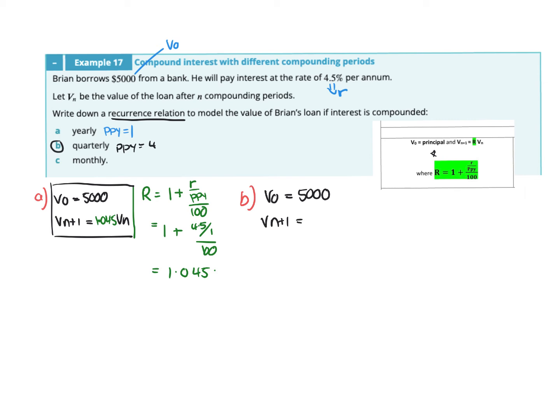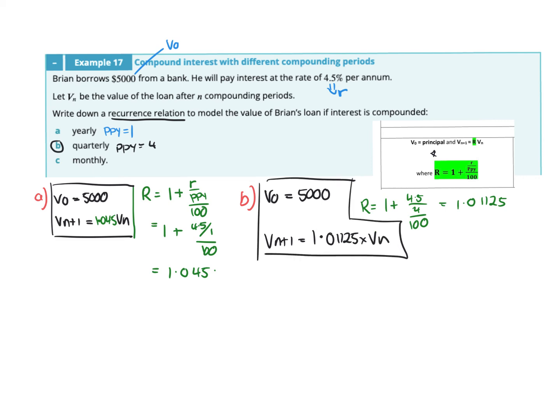When we calculated the R this time, we did 1 plus 4.5 over 4 over 100, which equaled 1.01125. So when we write this formula here, that's what we've got to have. We've got 1.01125 times Vn, okay? So that is the recurrence relation when you have all of that written.